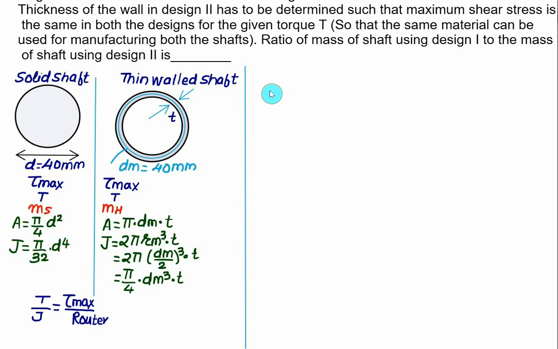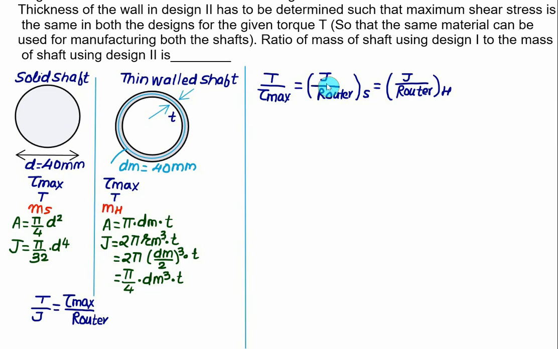Now this equation can be rewritten as torque divided by the maximum shear tau max being the same as the polar moment of inertia divided by the outer radius R. In the case of a solid shaft it is divided by the outer radius, which is the same as the mean radius in the case of a hollow shaft, because the torque value and tau max are one and the same value.